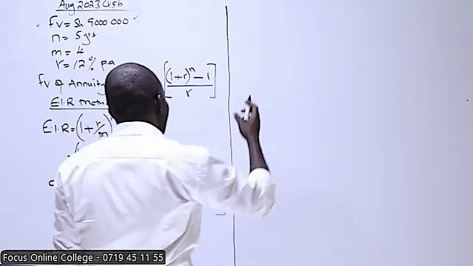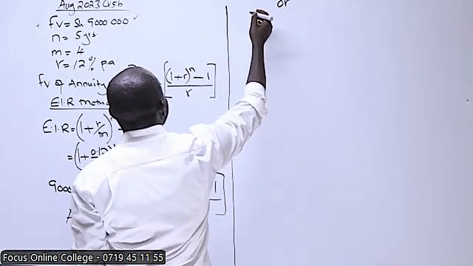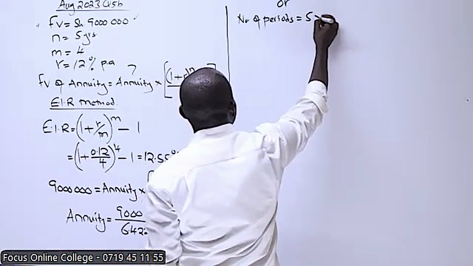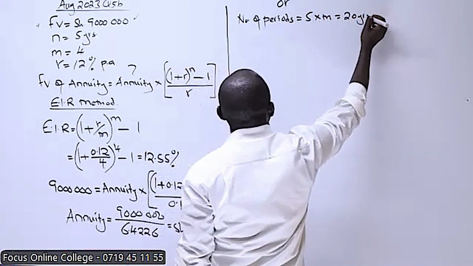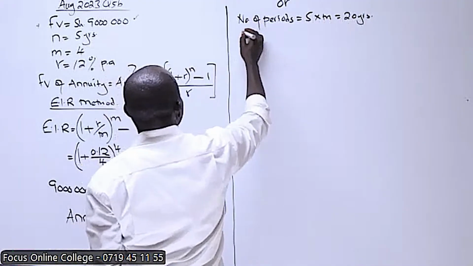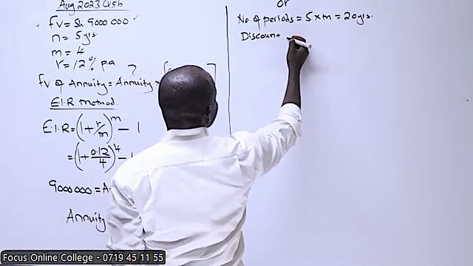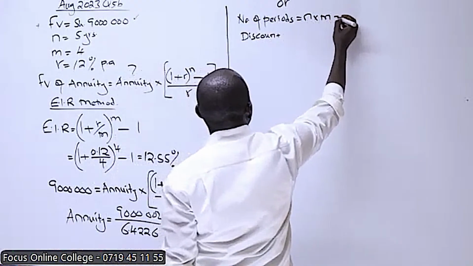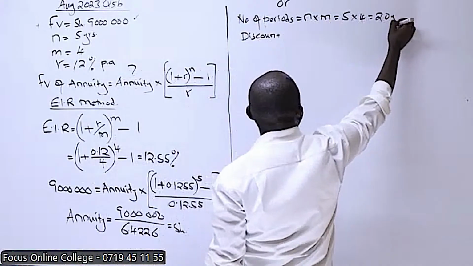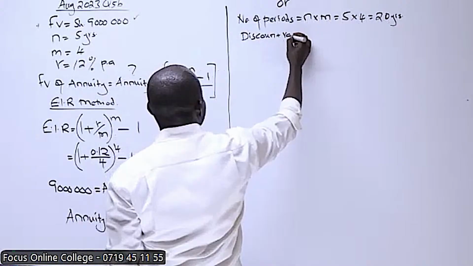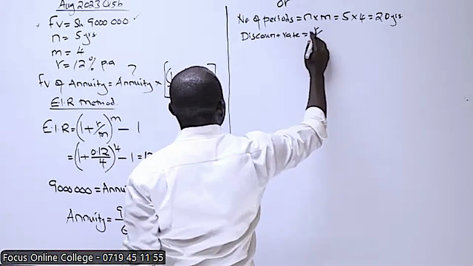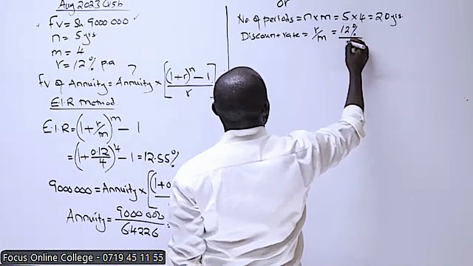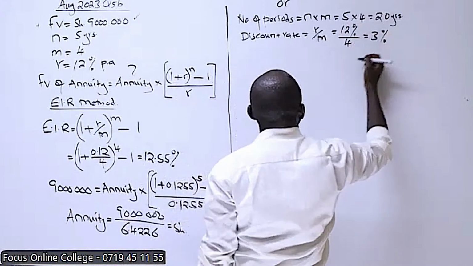So method number 2: the number of periods will be N times M, which is 5 times 4, so you get 20 periods. Then the discount rate will be R over M, 12% divided by 4, which gives 3%.